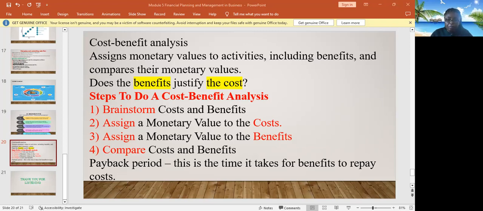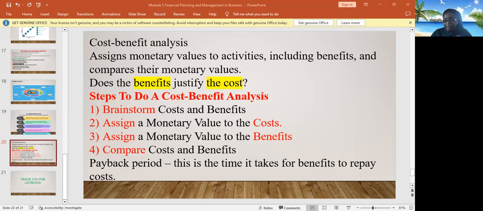Then looking at the direct benefits, increased revenue and sales generated from new products. So looking at some benefits, we have direct benefits, an increase in revenues as a result of sales of new products.